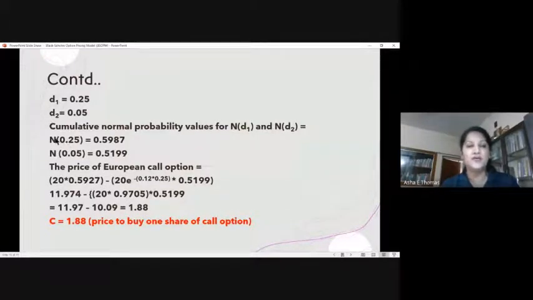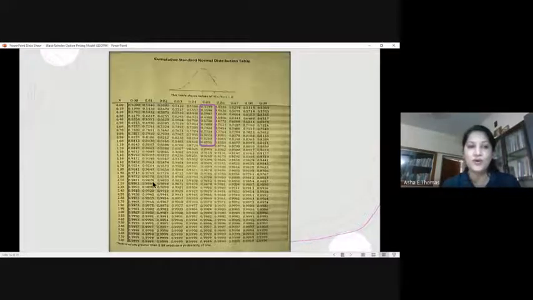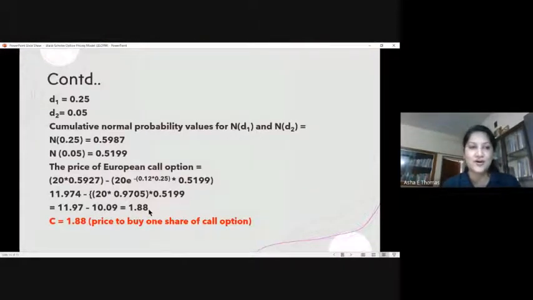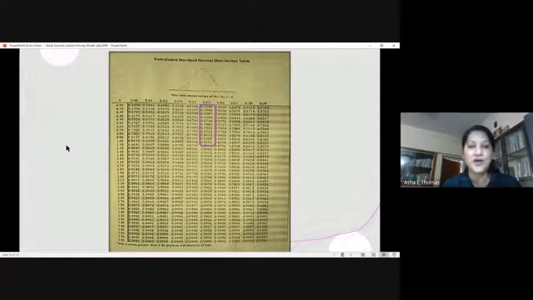So in this case, first let us look at N of D1, where we have to find the cumulative normal distribution value for 0.25. And how do we do it? 0.25 is nothing but 0.2 plus 0.05. So I'll take the value 0.20, and I will look at 0.05. I have put the whole part in a marker because you will be looking at that portion.